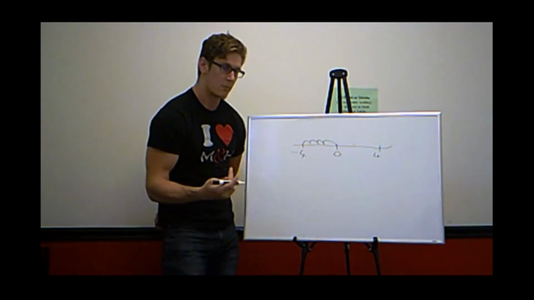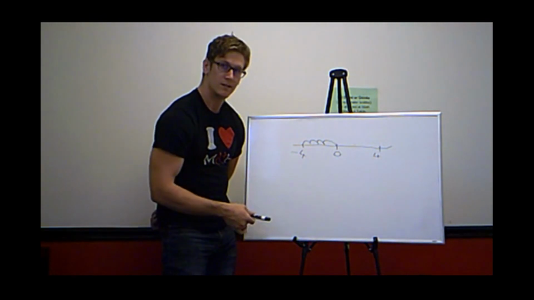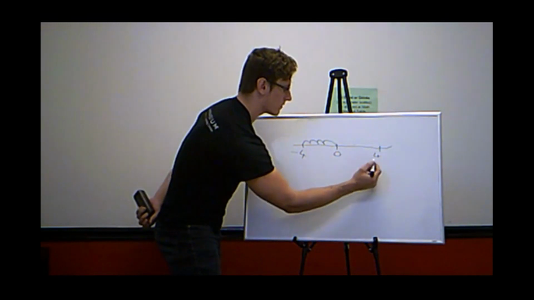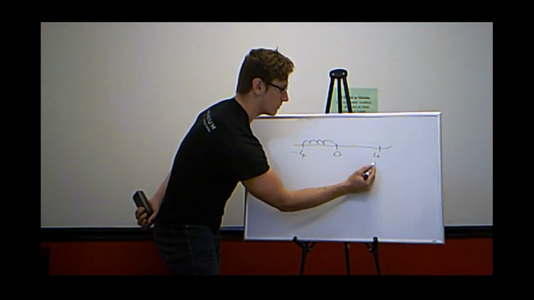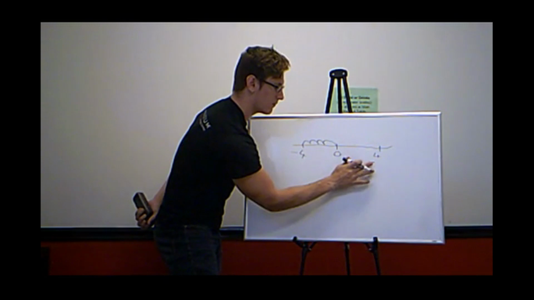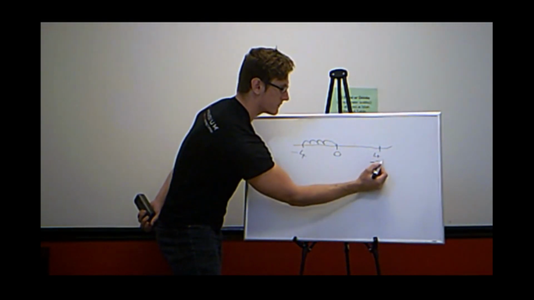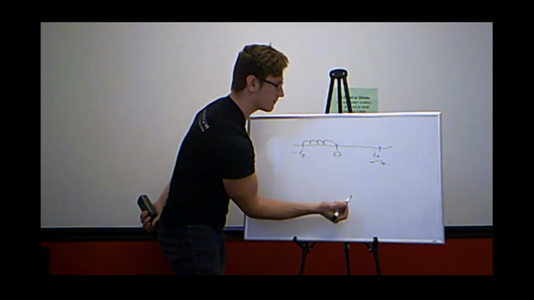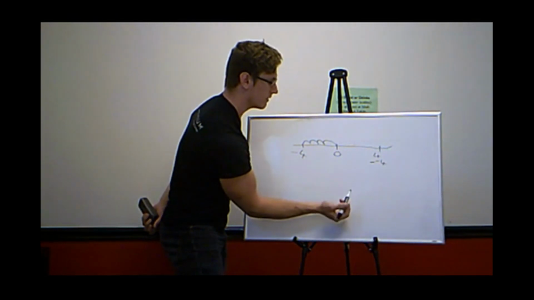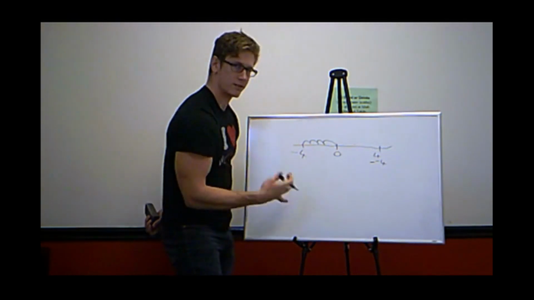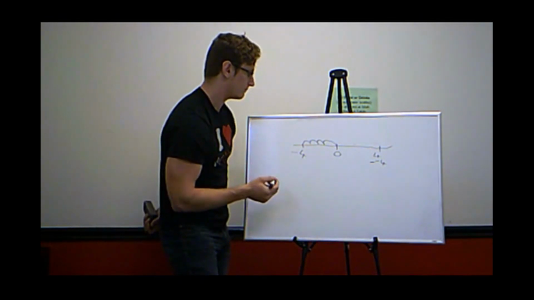So what would the opposite of negative 4 be? Well, the opposite of negative 4 is positive 4. If we take negative as being an opposite, the opposite of negative 4 is positive 4. These have the same value. So if we have a double negative, let's take a look at what really happens here.